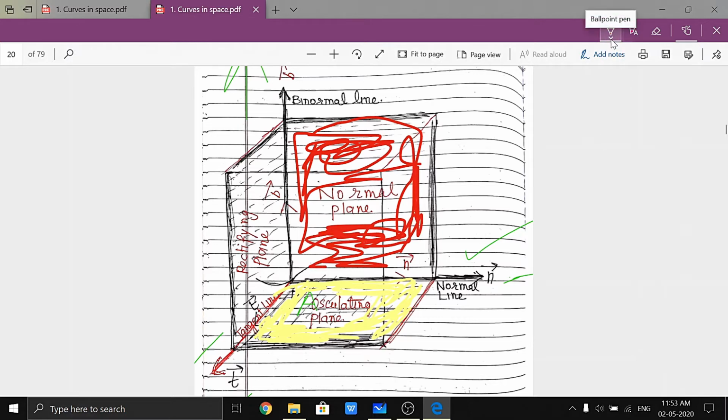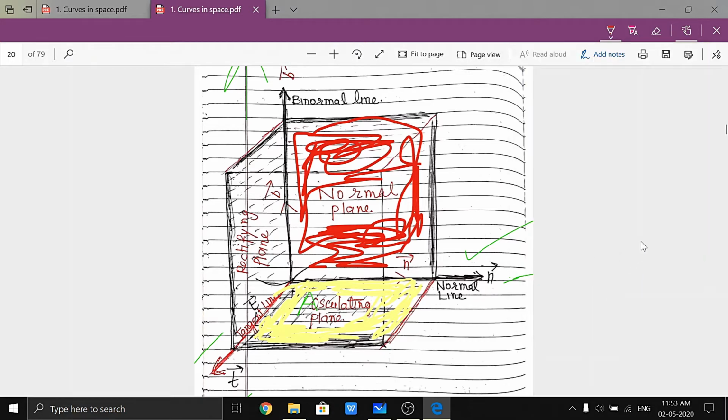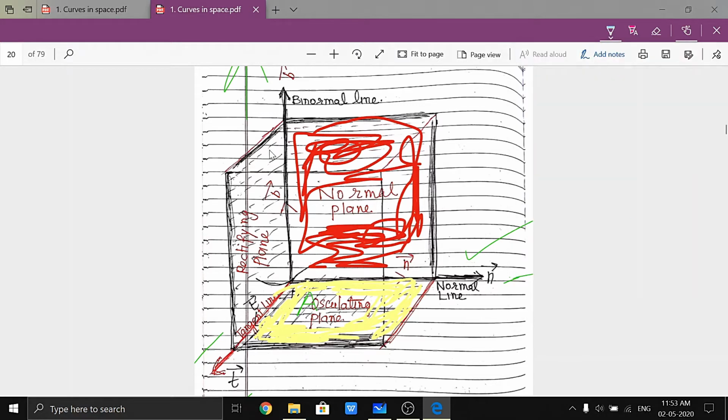Now after the normal plane, this part on your left-hand side is the rectifying plane.